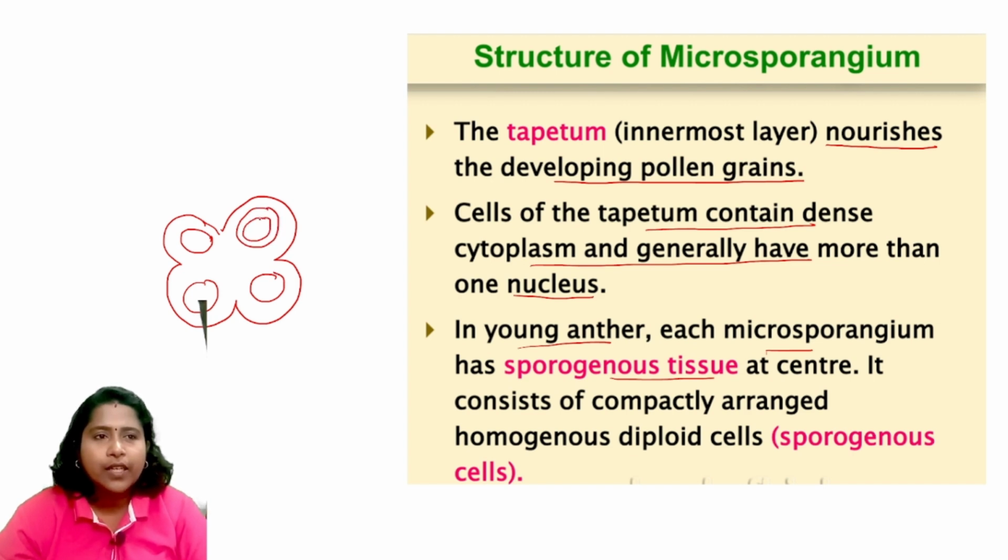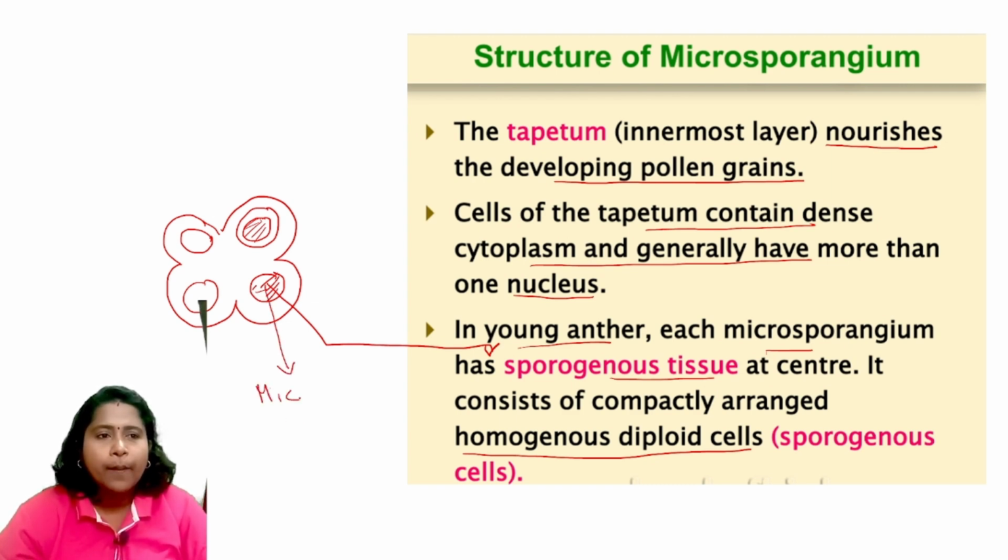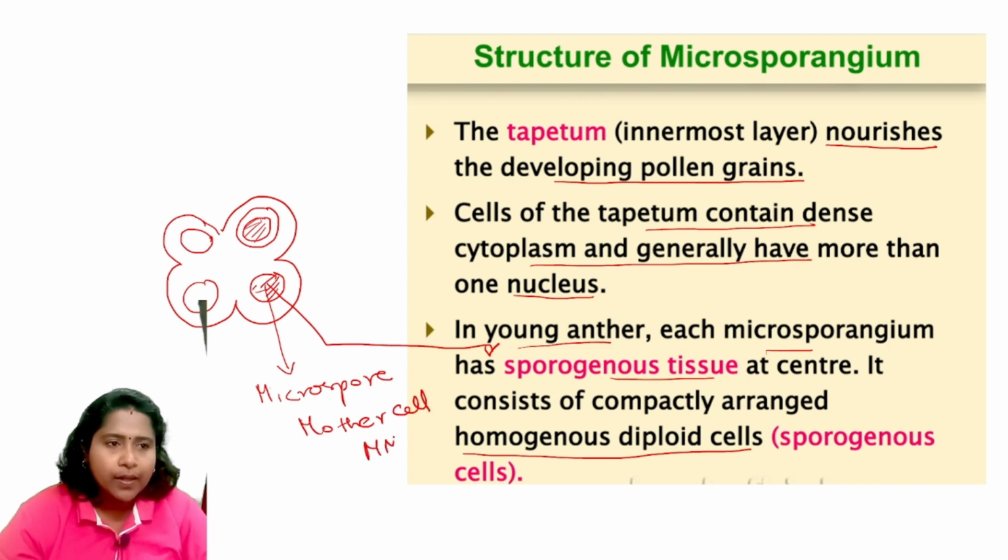Inside we have certain cells that are called the sporogenous tissue. At the center, it consists of homogeneous diploid cells. You have to remember, very important. This sporogenous tissue is also called the microspore mother cell.